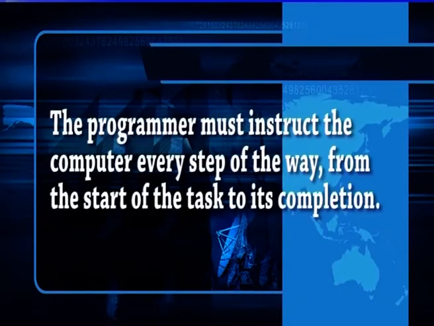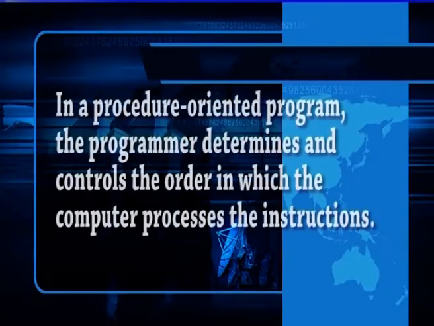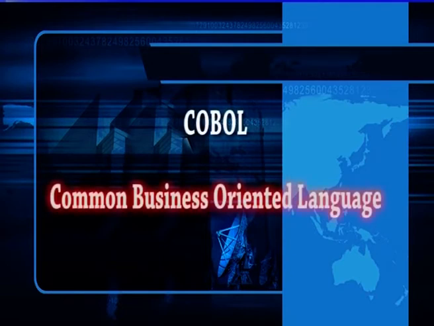The programmer must instruct the computer every step of the way from the start of the task to its completion. In a procedure-oriented program, the programmer determines and controls the order in which the computer processes the instructions. In other words, the programmer must determine not only the proper instructions to be given to the computer, but the correct sequence of those instructions as well.